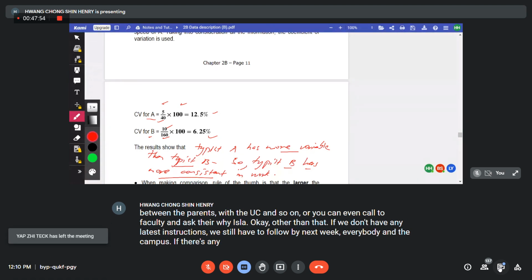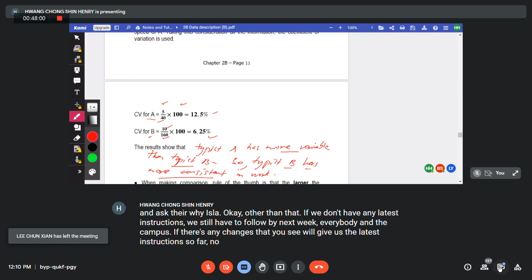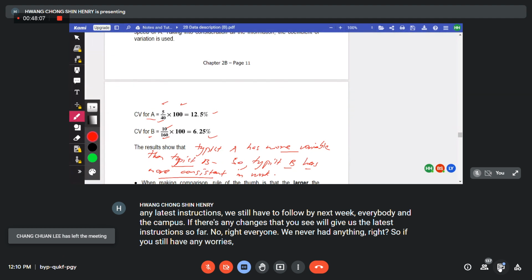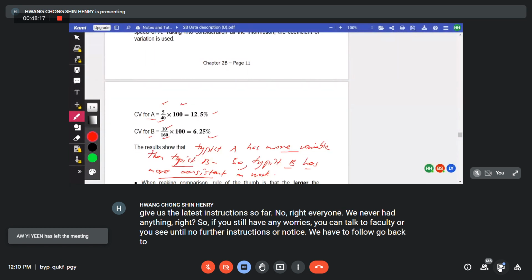If there are any changes, the UC will give us the latest instructions. So far, no, right? We never heard anything. Until further instructions or notice, we have to go back to campus. Everyone stay safe. See you all next week, Monday.